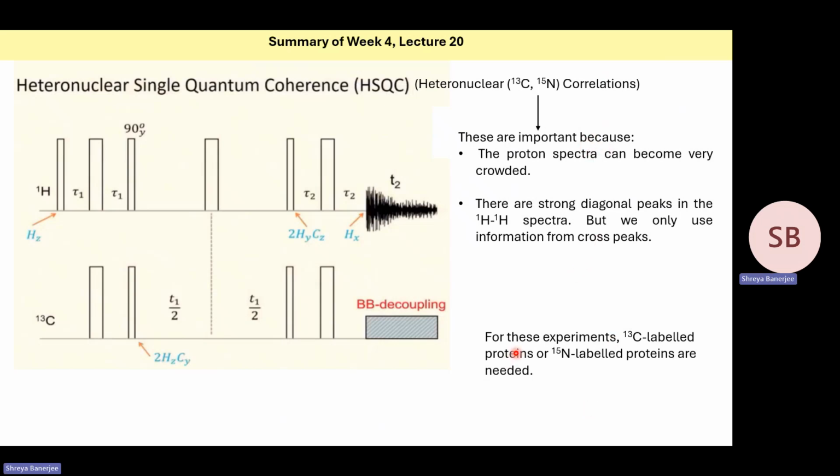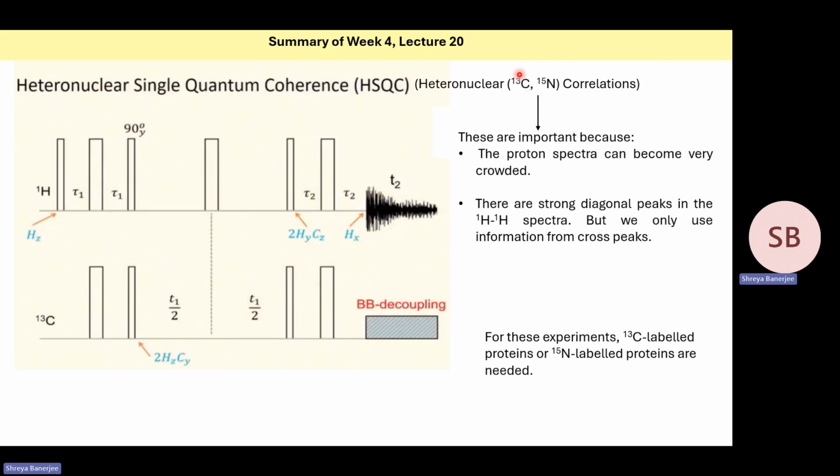And finally, for the heteronuclear experiments, we know that the population of 13C and 15N is not that much. Mostly the stable nuclei that is highly populated is 12C or 14N, which is not NMR active.